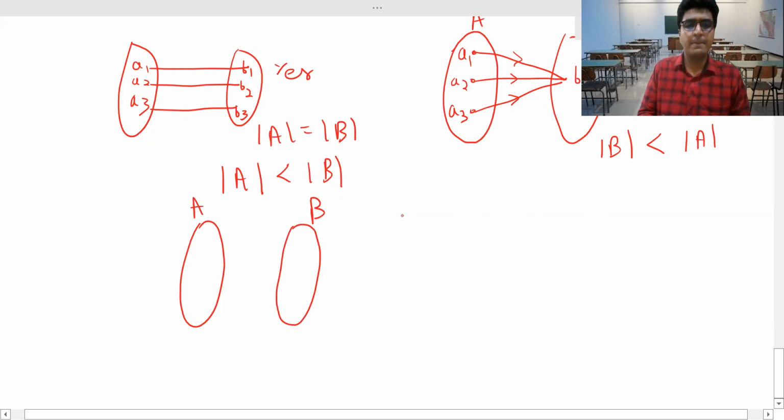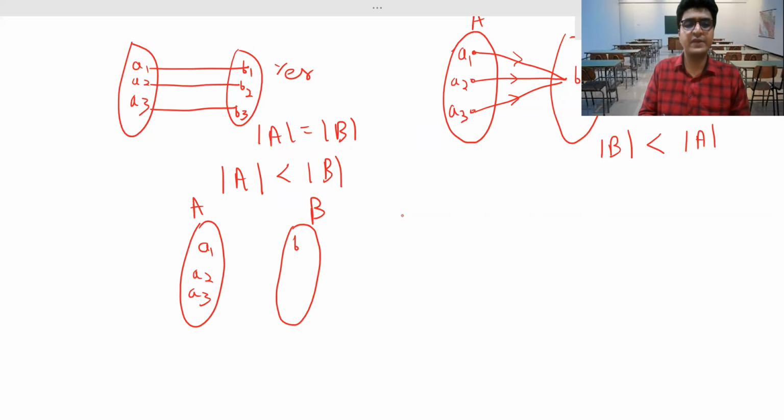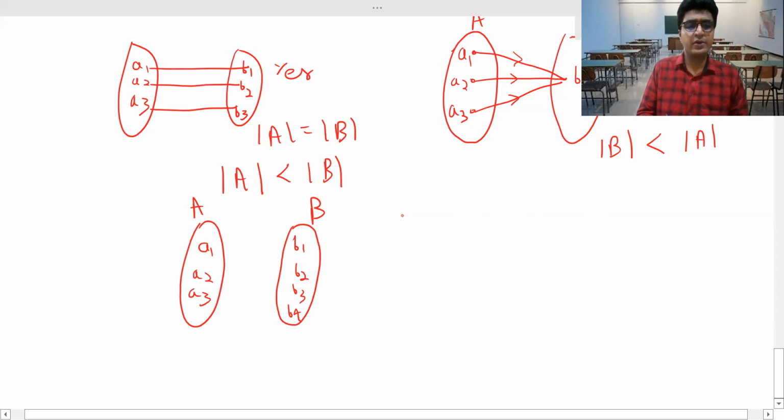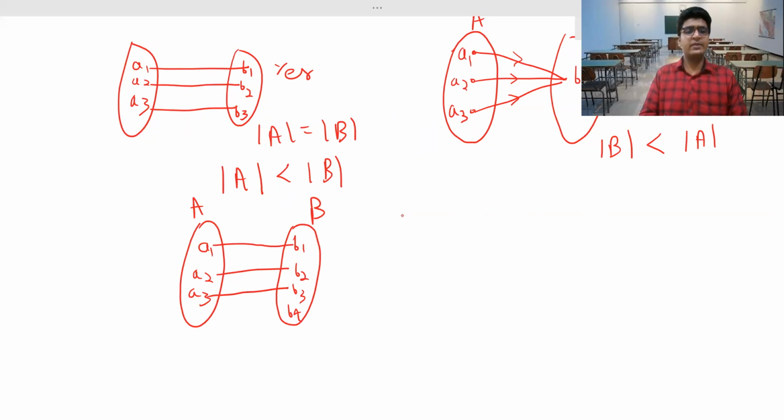Here we have, let's say, A1, A2, and A3, and here we have B1, B2, B3, and B4. A1 is associated to B1, A2 to B2, and A3 to B3. Each element in set A is associated to exactly one element in set B, so it is a function. Is it surjective? No, because B4 has no association. It should have at least one association.